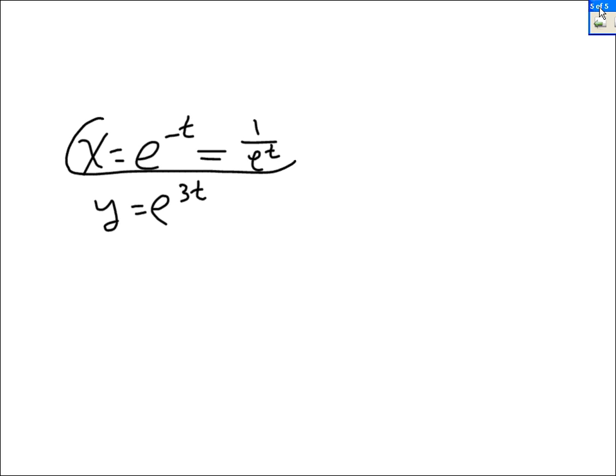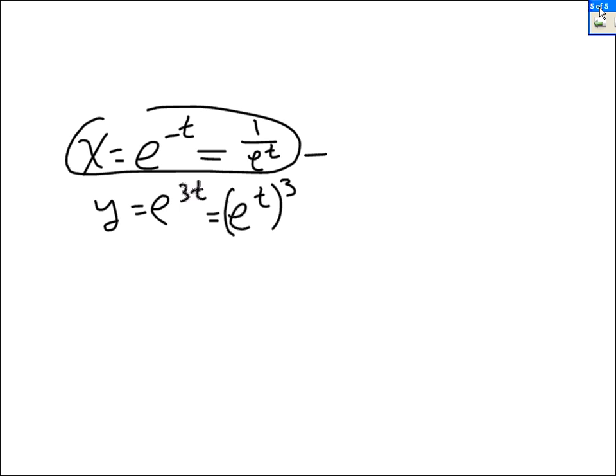Suppose you're told that x is equal to e to the negative t, and y is equal to e to the 3t. This first line, e to the negative t is 1 over e to the t. Now remember that e to the 3t is e to the t cubed.